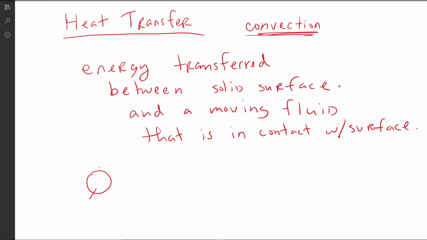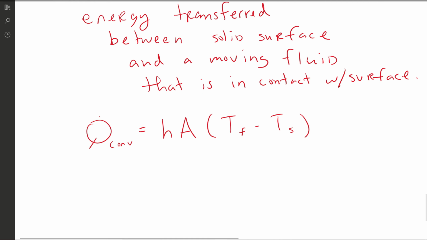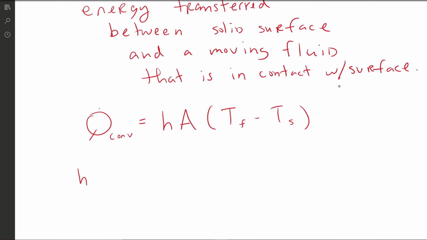So here we have Q convection equals h times A times the quantity T sub F minus T sub S. This is also known as Newton's law of cooling. The h for us is going to be the convection heat transfer coefficient.